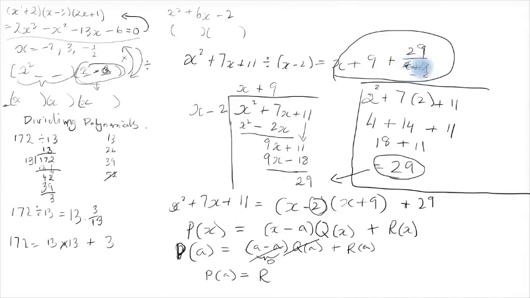Oh dear. Sorry for everyone watching at home, I've just realised that I made an error. It should be x plus 9 plus 29 over x minus 2. I will hopefully remember to edit this video and fix that up later on. But anyway, this remainder theorem does not tell you the answer, x plus 9. Just made that a giant mess also. So keep that in mind and be wary of that.